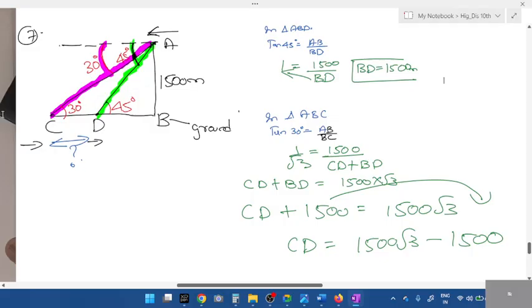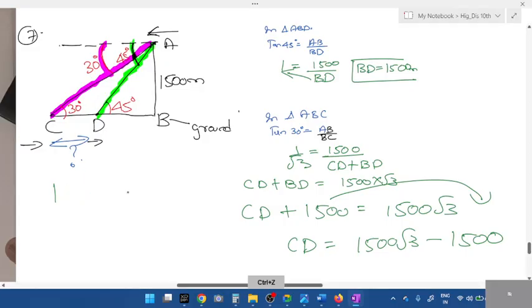Yes, tell me. CD minus BD. Where is each value? No, no. To find CD, what did you subtract? 500 into 1.73. How will you get that?